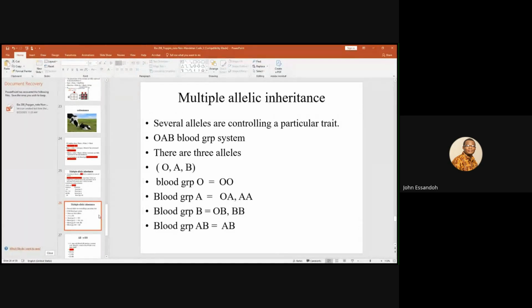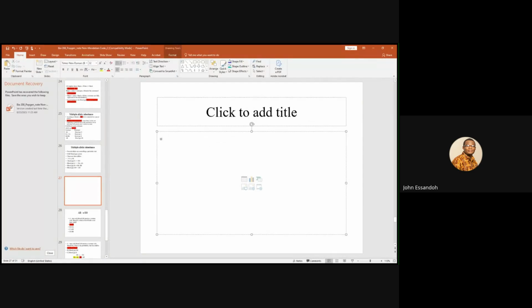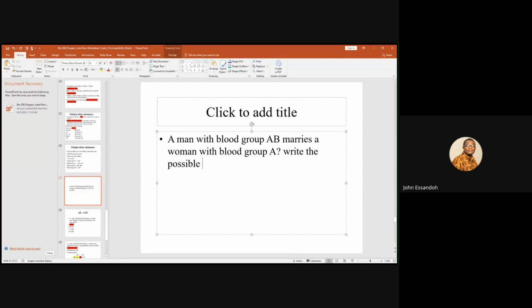Now, let's say I give you a question like this: if a man with blood group AB marries a woman with blood group A, write the possible genotypes of the children.